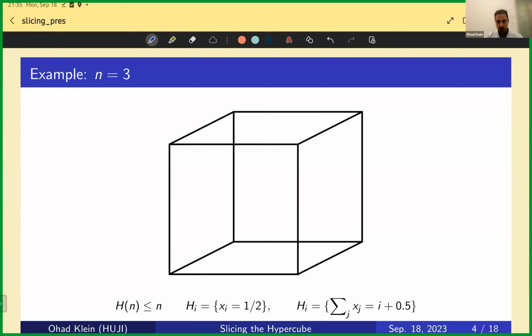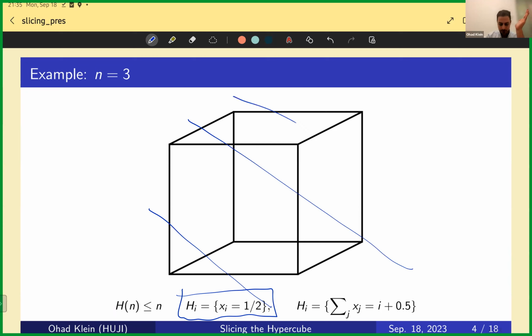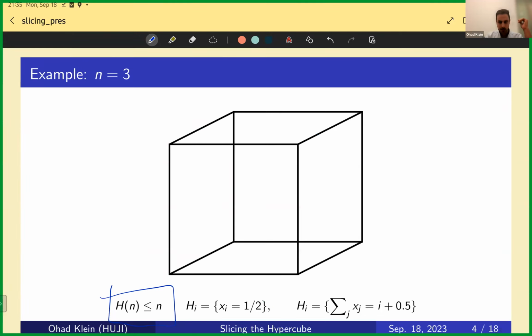We can have hyperplanes that are orthogonal to the axes, and we can also have layers of hyperplanes going through different layers of the hypercube. These are the same examples from the n equals 2 case. And in general, we have that h of n is at most n because of these 2 examples.